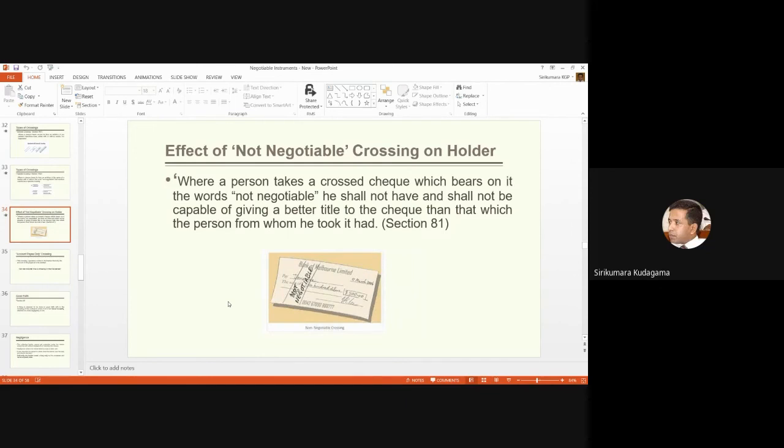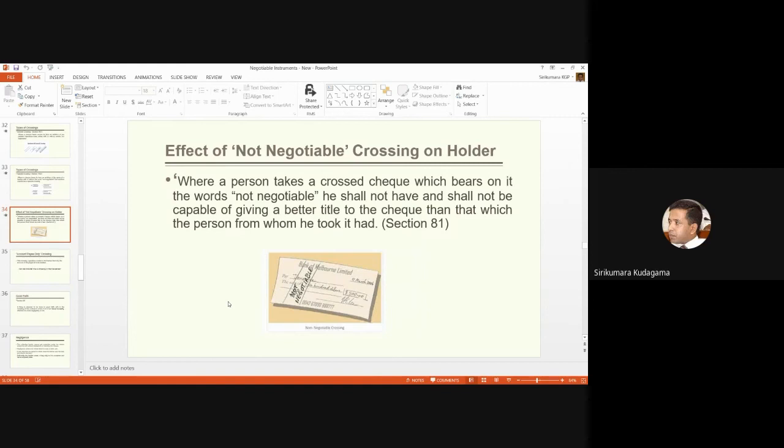Meaning, when a person receives a check with the words not negotiable, the title of any person who gets that check from him cannot be better than the title of the person from whom he received it.